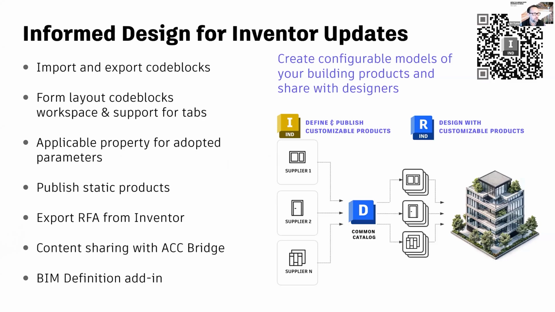So as an Inventor user, you can upload your design to Autodesk Construction Cloud, which can contain things like logic for variations of your design. And then when the Revit user accesses that data, because you added logic to it for those variations, they can customize it and then place it into their building project.